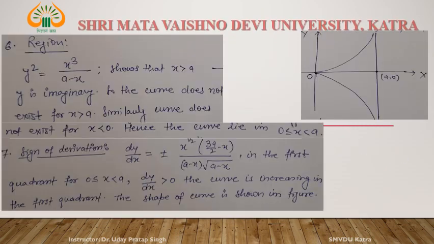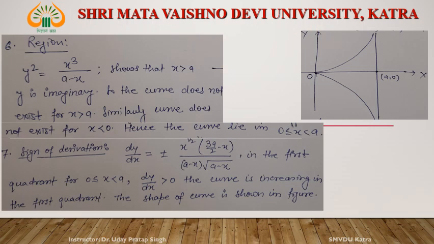Now see the region. Solve for y in terms of x: y square is equal to x cube over a minus x. The left hand side is y square, so it is an even power. If x is greater than a, then the denominator is negative, which means y is imaginary.